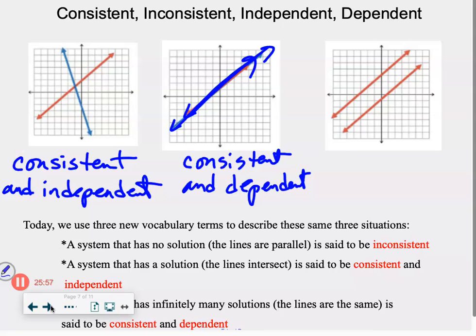If you have two lines that are parallel, that never ever intersect, then the system is called inconsistent. So you have some vocab to learn. Regular single point solution, consistent and independent. If every point is a solution, consistent and dependent. And if there are no solutions, then the system is inconsistent.